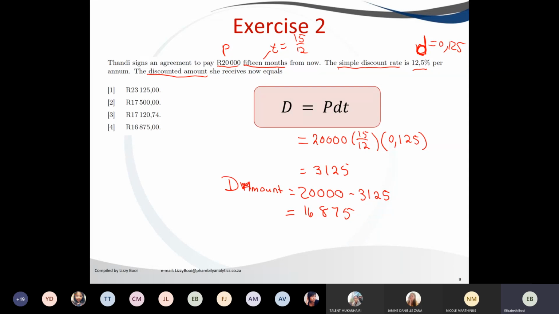All we're interested in with this discount is, if that 20,000 is discounted, how much she will then receive in the bank in order for her to pay in the 15 months, and that is the discounted amount that she will have to pay. You understand? Okay. Yeah, this will never happen in the real world, but I understand. Yes. Okay.